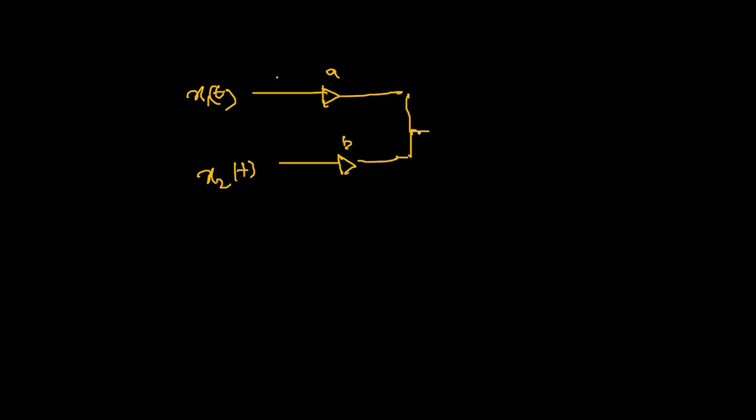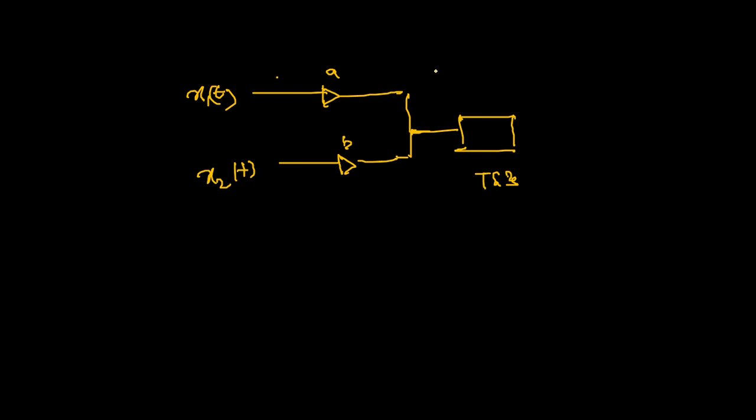On the other hand, what I do is I take x1 of t, I multiply it with a, I take x2 of t and I multiply it with b. I add both the signals first, and the sum of these signals is then passed through the system, right?